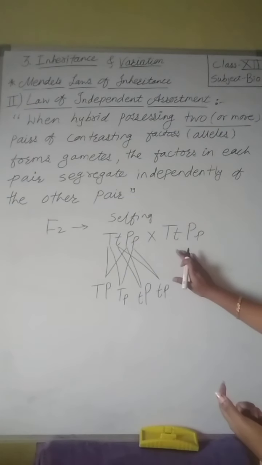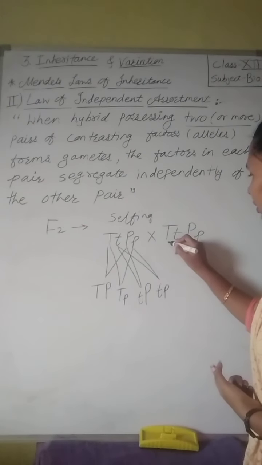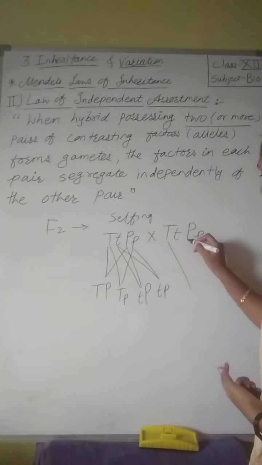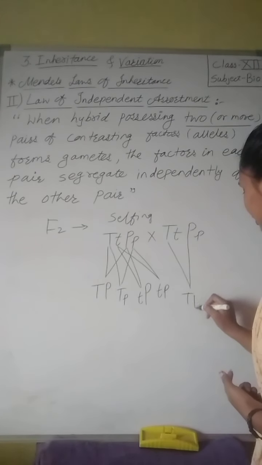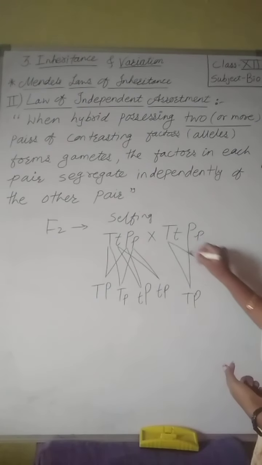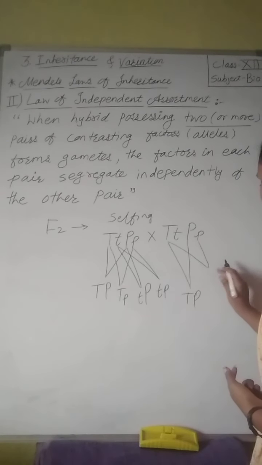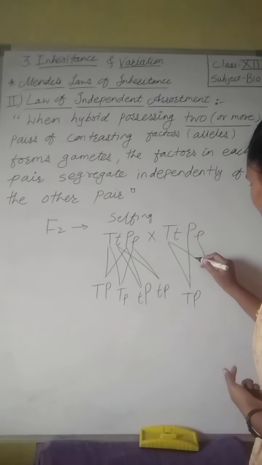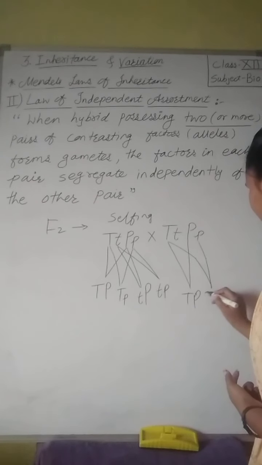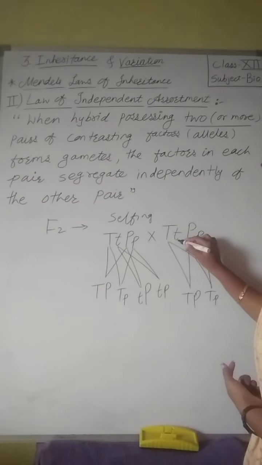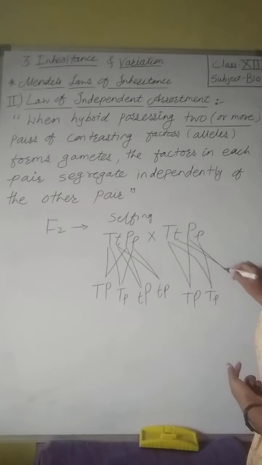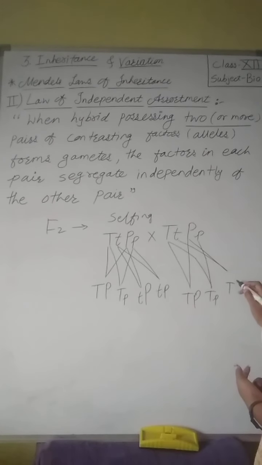Now we will take the same thing here also. The same characters we will get. This capital T will cross with this capital T, capital P. This will combine with this, capital T, small p. This will combine with this, so small t and capital P, and this will combine with this small p, so small p and small t.